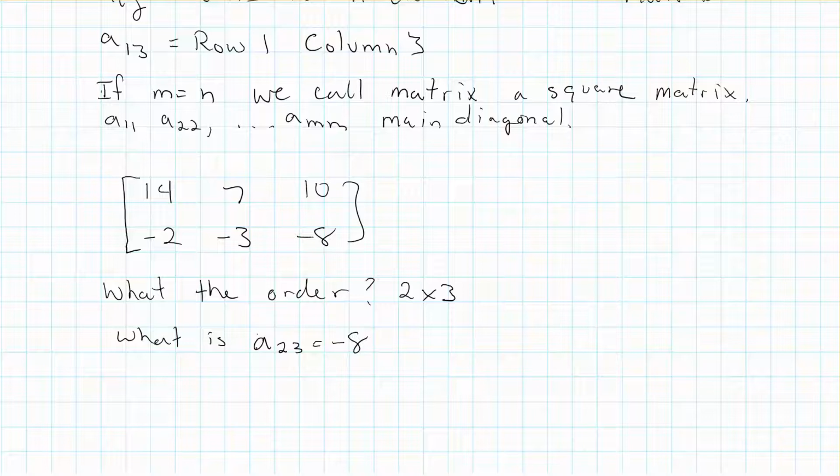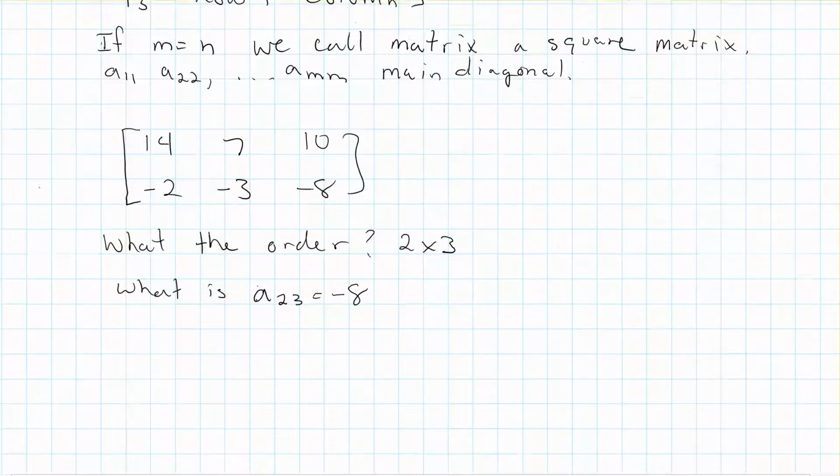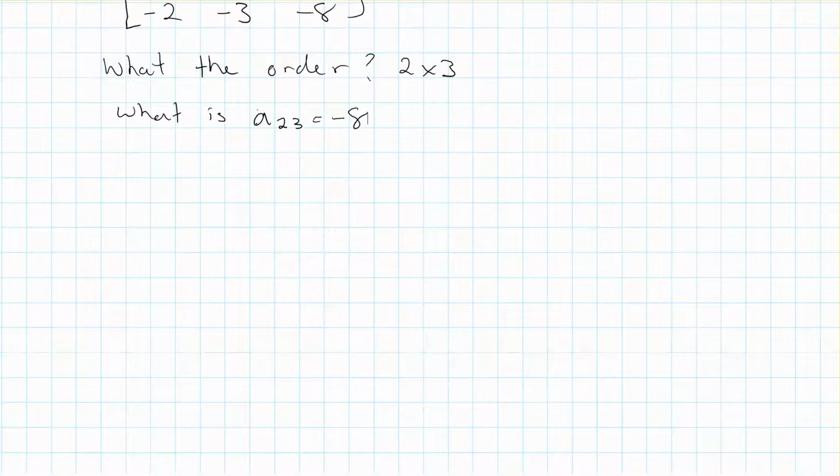So that's an introduction to the definition of a matrix, but we're going to use matrices again. In this section, we're going to primarily use them to solve systems of equations. So let's look at how we use these to solve equations.